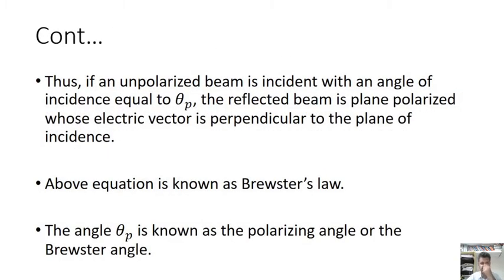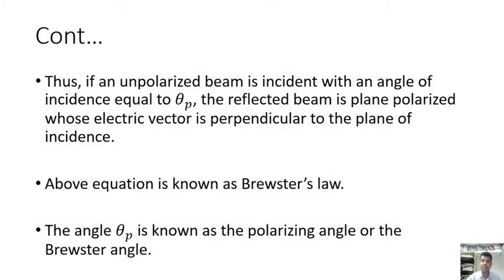Thus, if the unpolarized beam is incident with an angle of incidence equal to theta p, the reflected beam is plane polarized, whose electric vector is perpendicular to the plane of incidence.